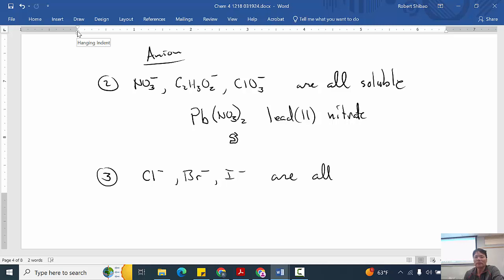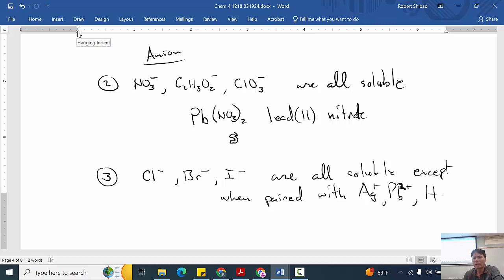These are all soluble, except, now we have some exceptions, except when paired with silver ions, lead-2 ions, and mercury 1. What's the formula for mercury 1? Yeah, Hg2 2+.